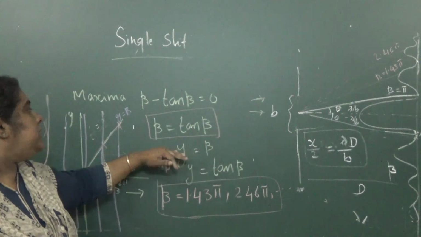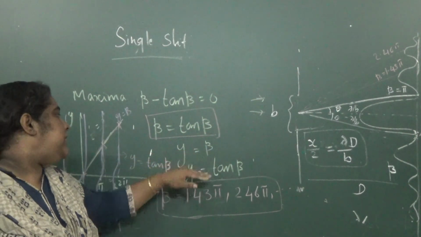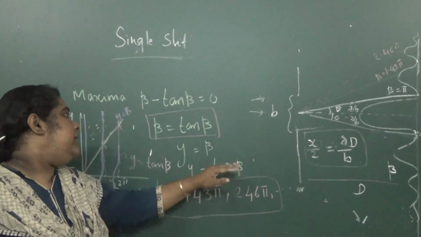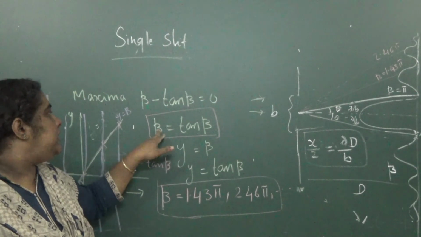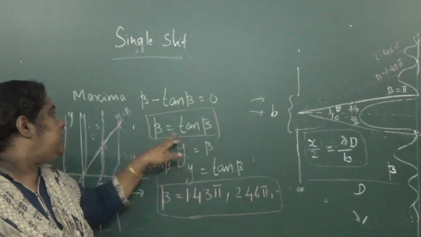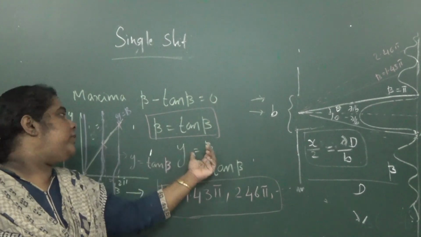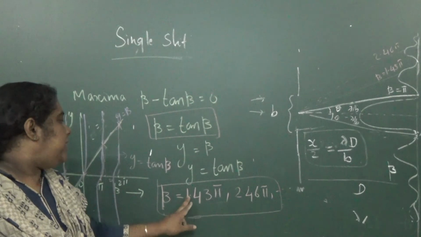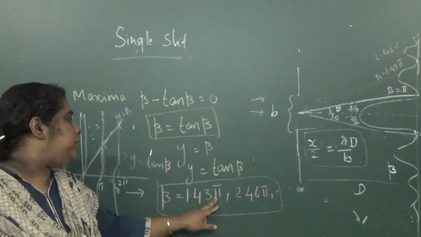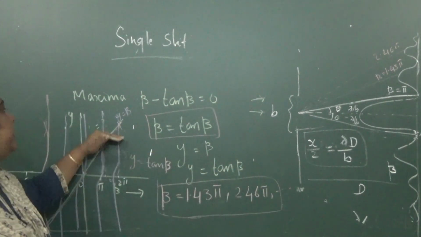That means when we draw the curves y is equal to beta and y is equal to tan beta, the meeting point is where the equation is satisfied. So those points will give you the condition for maxima. Actually, those points are when beta is equal to 1.43 pi and 2.46 pi, the meeting points of these two curves.